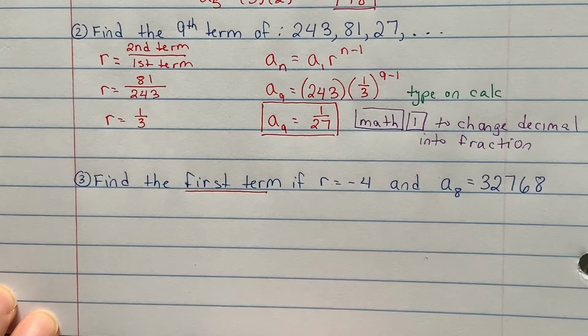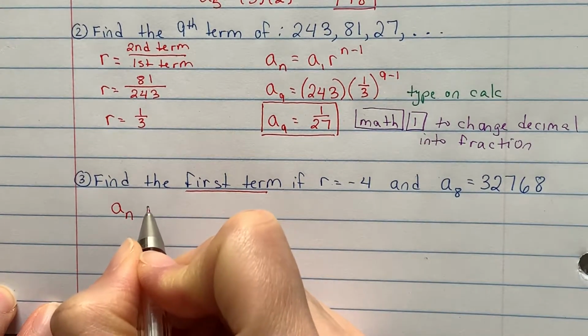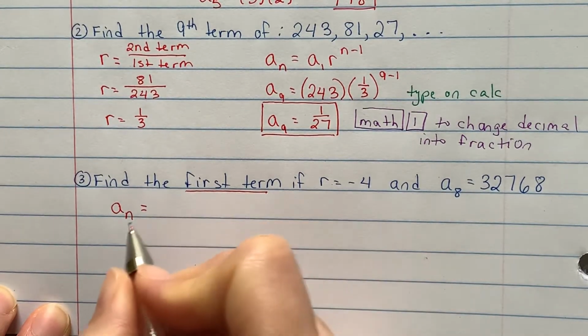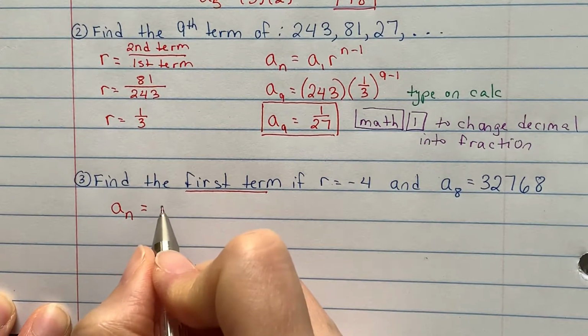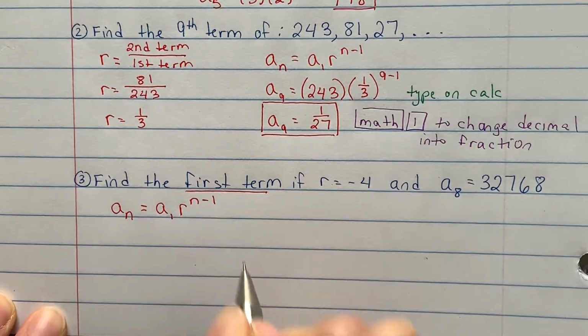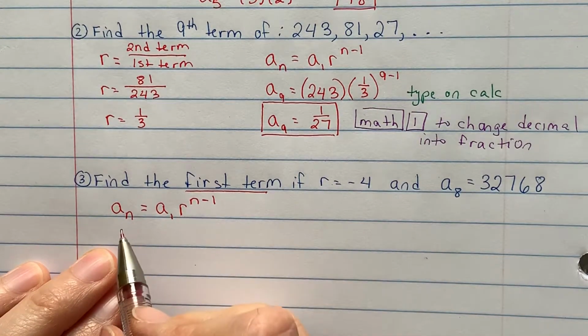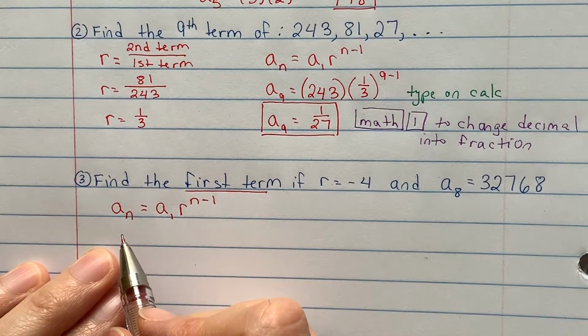Oh boy. Well, I guess I'm going to start by writing the formula down, because when I get overwhelmed, I just write down something that I know. So I know the formula is a sub n is equal to a sub 1 times r raised to the n minus 1. Okay, well, now I can use the information that they gave me and plug in what I know. Do I know what a sub n is?